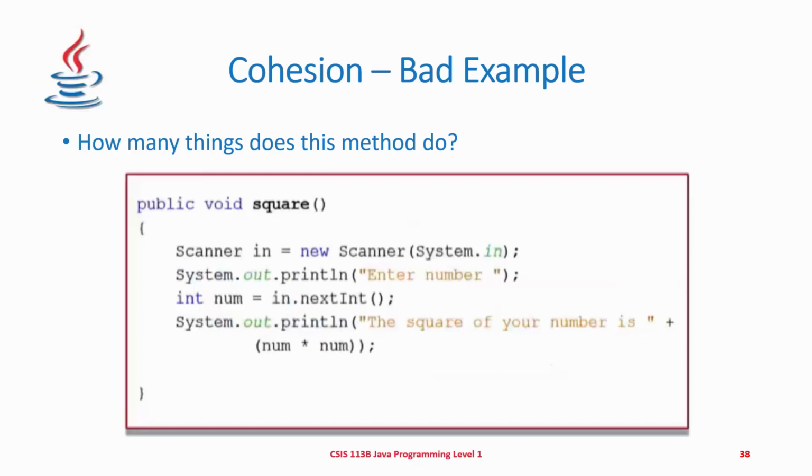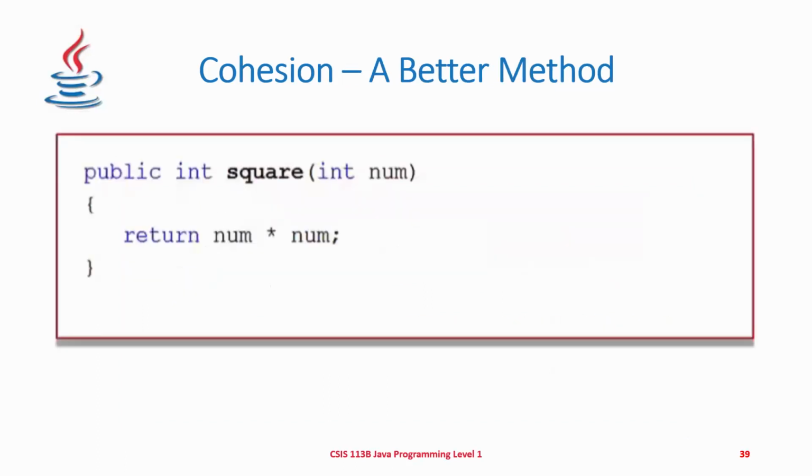That's a bad example because you're both taking in the value as well as outputting the value within the same method. You'd be better off if you split that apart. Here's an example of that: a single method called square that takes an integer num and returns num times num, and then your main program can do the rest of the work that you saw in the previous slide.